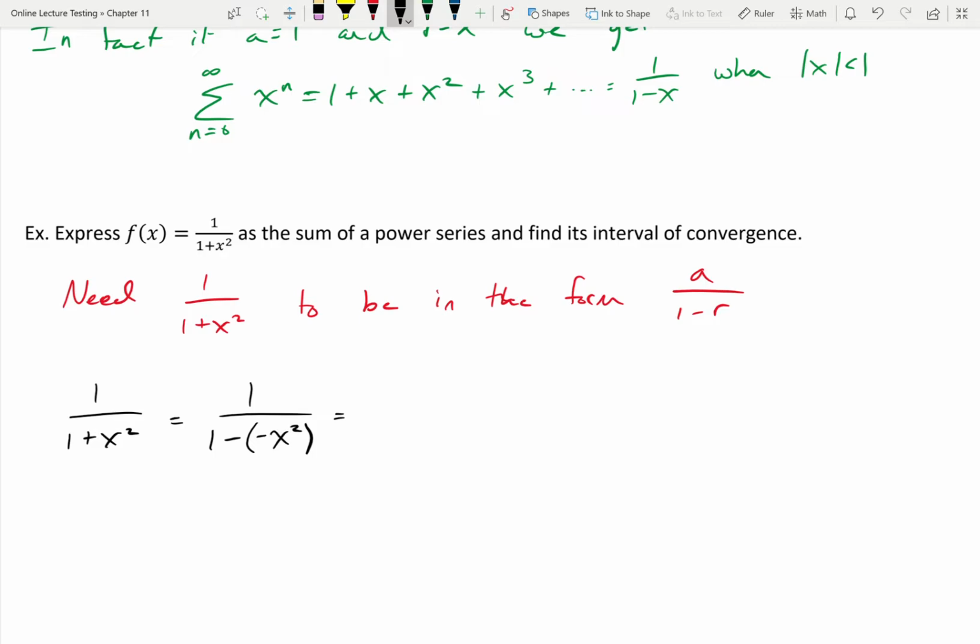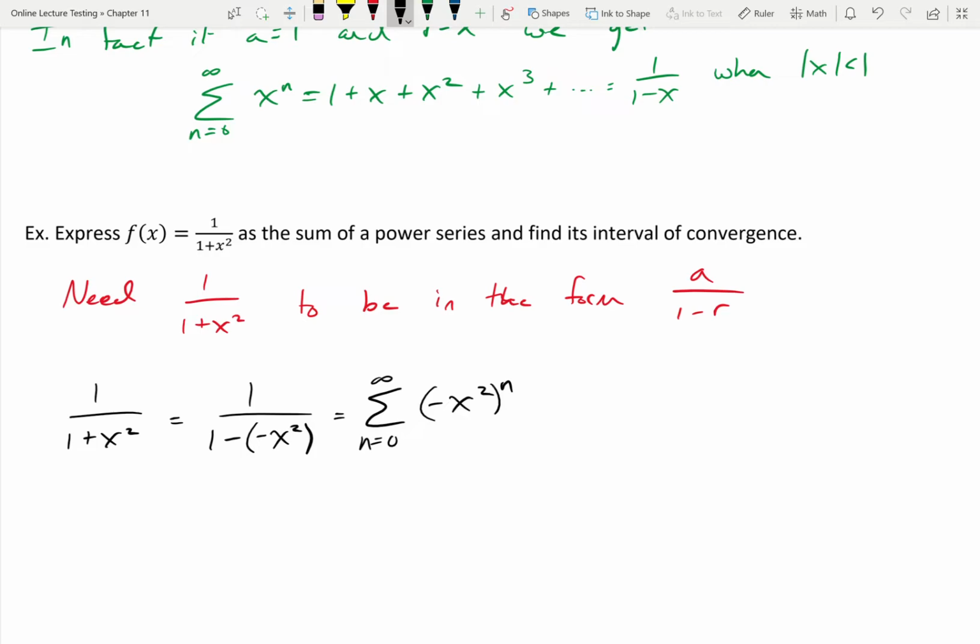So now I just replace back with our geometric series. Here a is equal to 1. r is this negative x squared. So this would equal, again, if we converge, the sum as n goes from 0 to infinity of negative x squared all raised to the n.